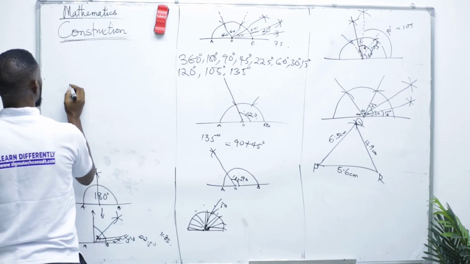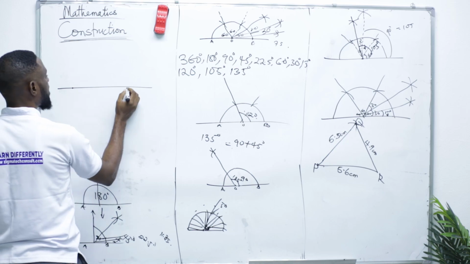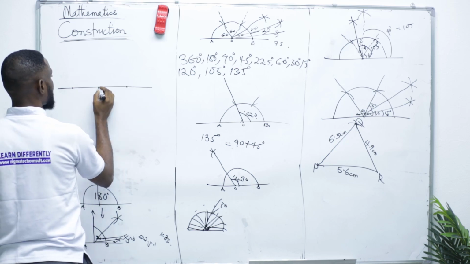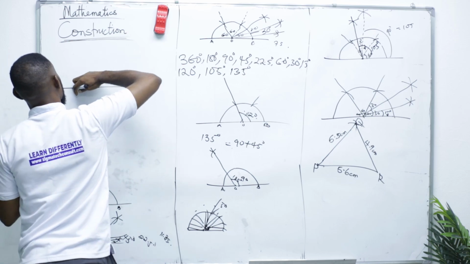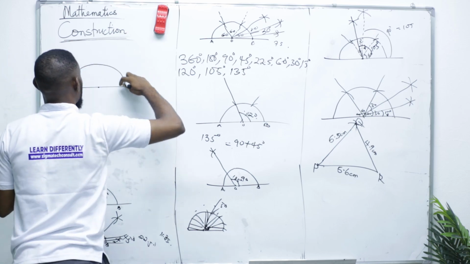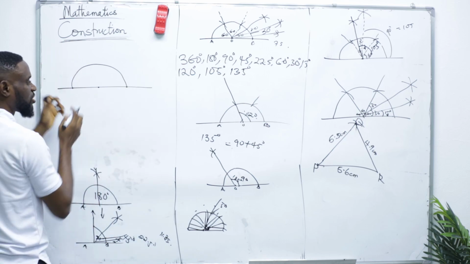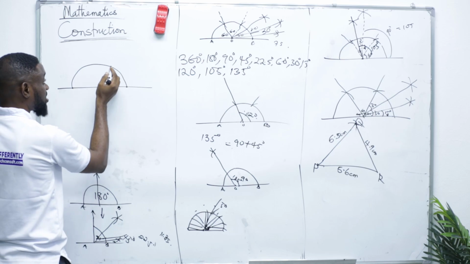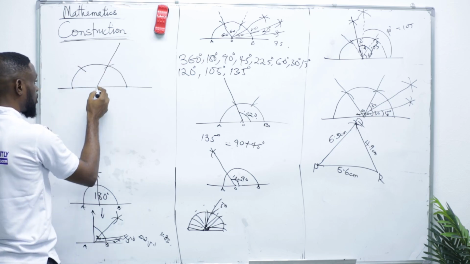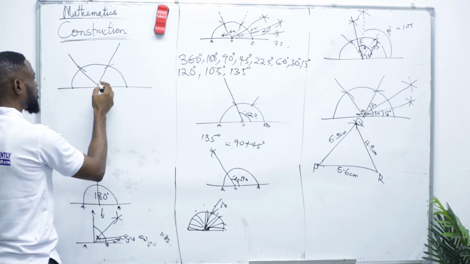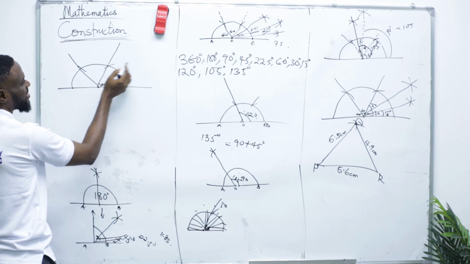Remember, we draw a line, take a point here, and take our center here, right? And put our compass here and make a semicircle. On that same radius, don't change the ruler, to make 60. Now it's 60 I want to achieve. We do this, we do this. We draw, this is our 60 degrees. To get 30, just bisect 60 degrees.